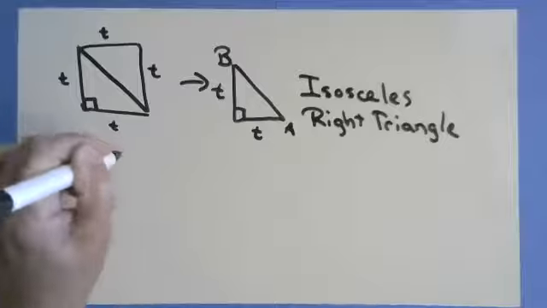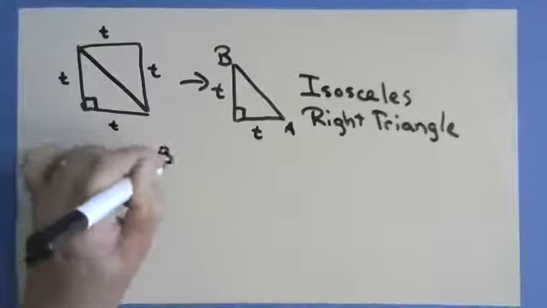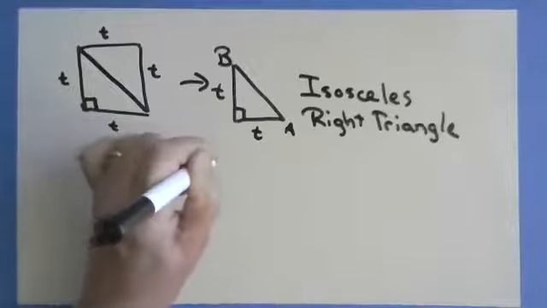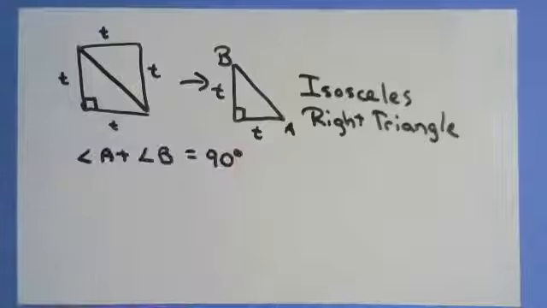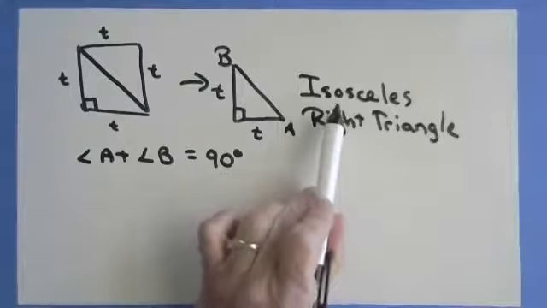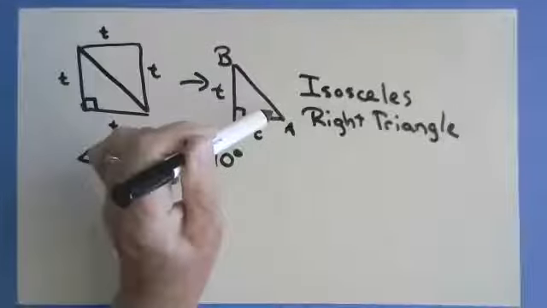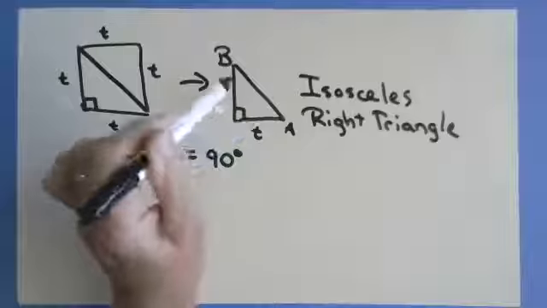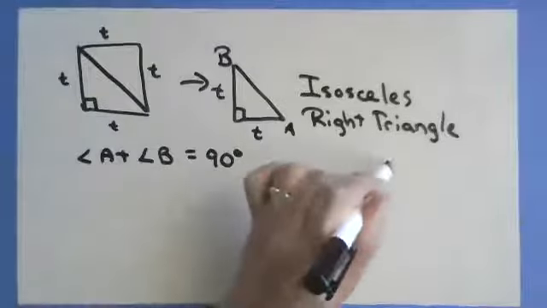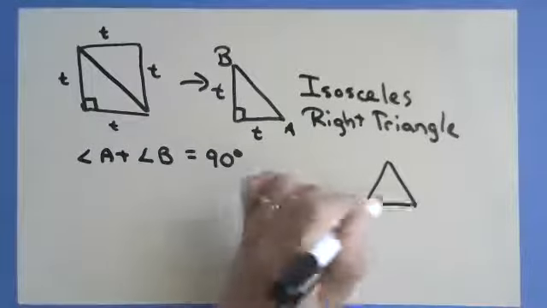So angle A plus angle B, when we add those measures together, we get 90 degrees. But we also saw earlier that isosceles triangles have base angles, any isosceles triangle, not just a right isosceles triangle.